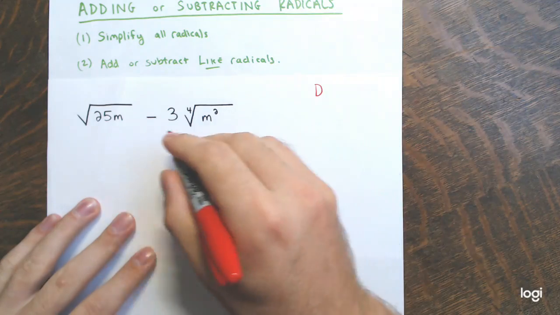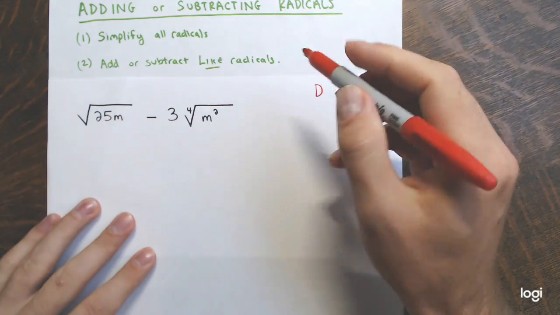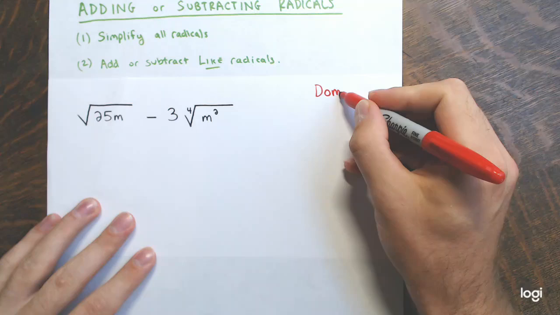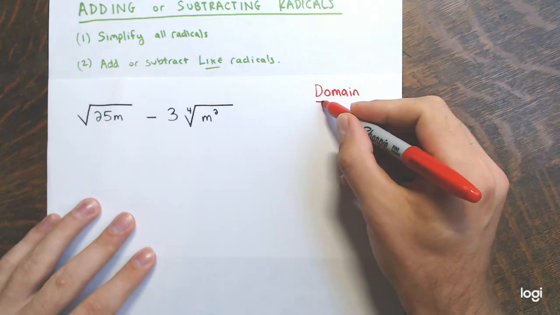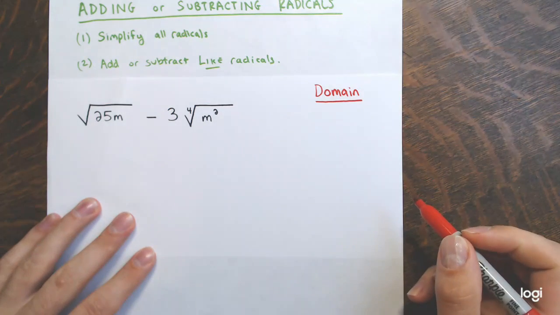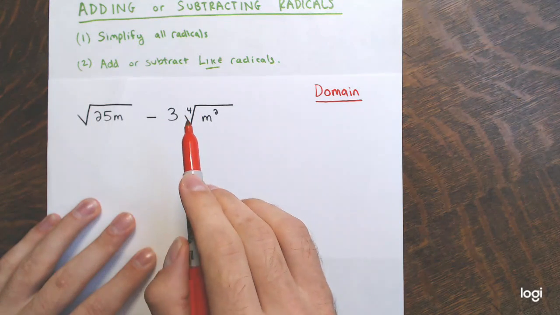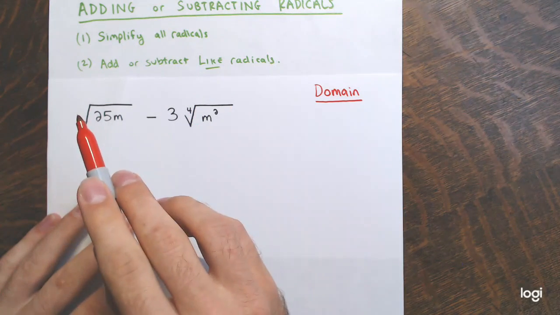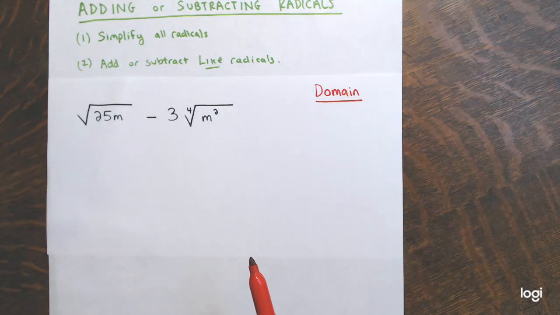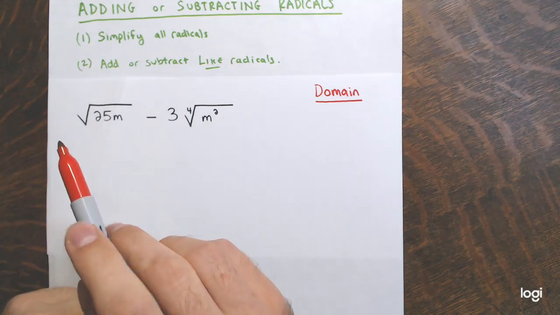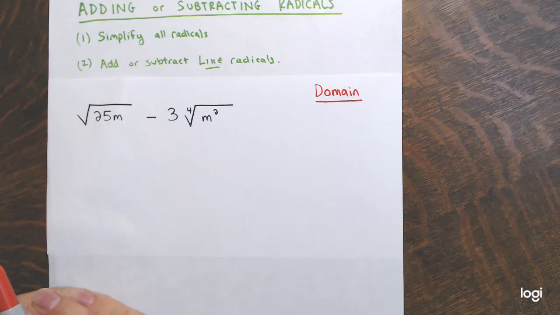Alright, so before I get into simplifying the radicals and whatnot, this has a variable in it, the letter m. I'd like to think about what values I can plug in for m. Now, remember, these are even roots this time. Fourth root, square root. And remember, when you're taking an even root, the radicand can't be negative, because if the radicand of an even root is negative, you have a non-real result.